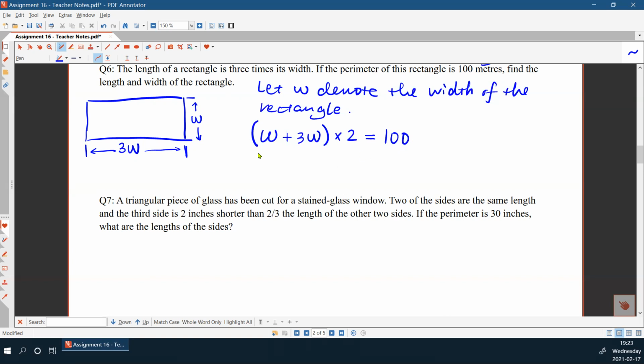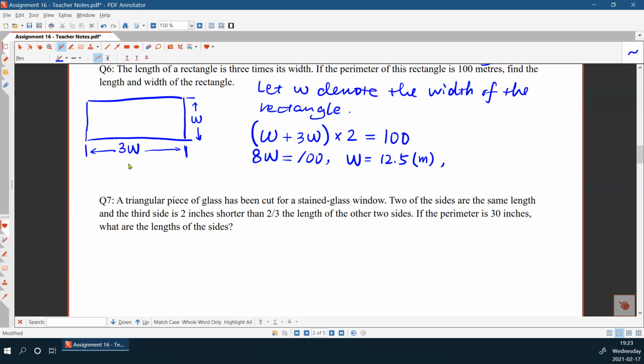So this gives us 8W is 100. That means W is 12.5. Because it's a length, you need to write the unit after this value. The unit is meters. This is the width.